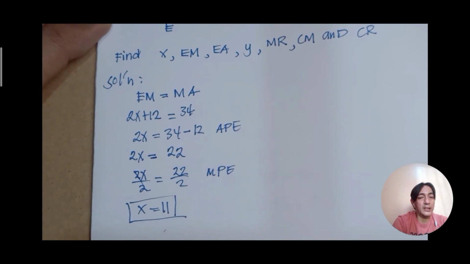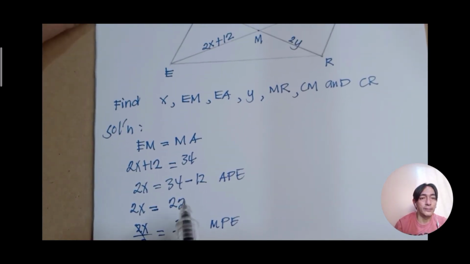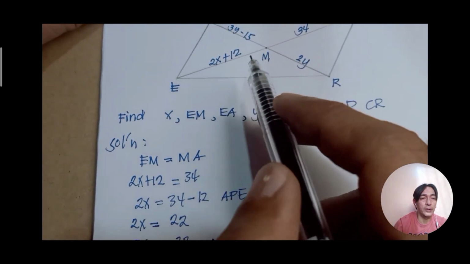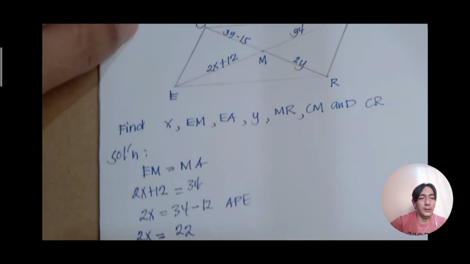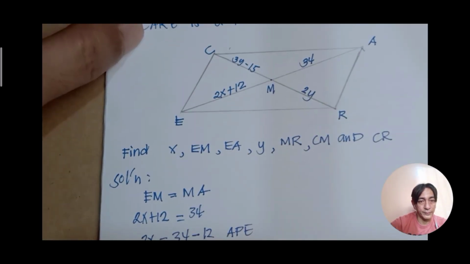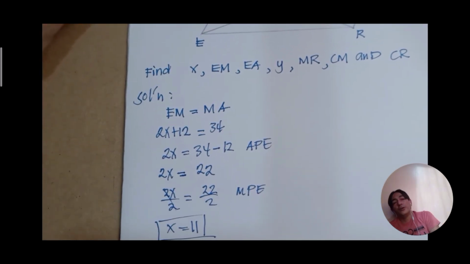Now we know that x is 11. Makuha na rin natin yung EM. Pero kitang-kita naman yung EM, that will be also equal to 34. Equal siya sa MA eh. Yan, no? Okay, so EM is 34.